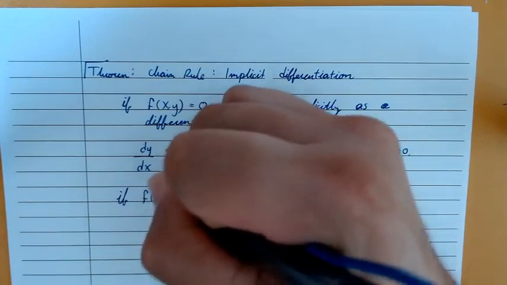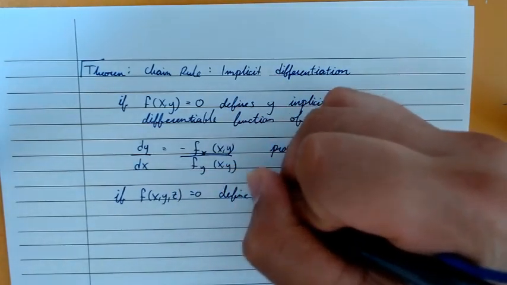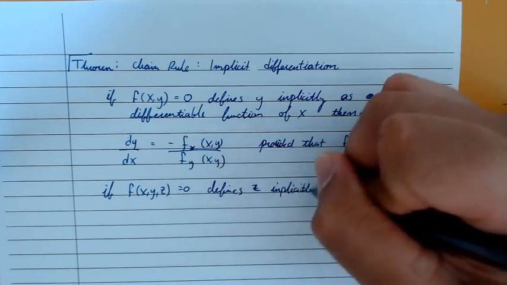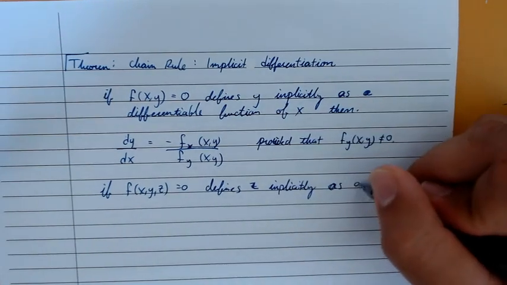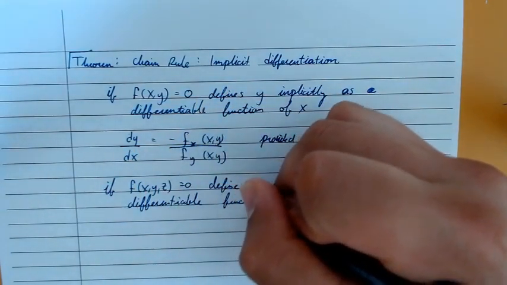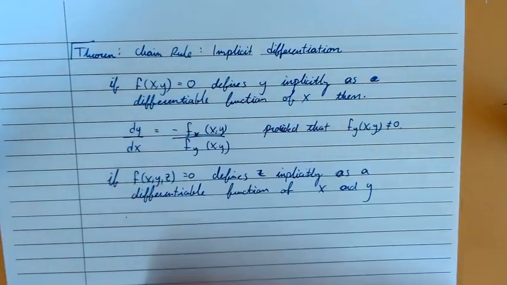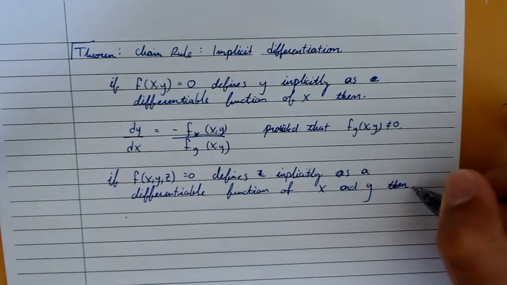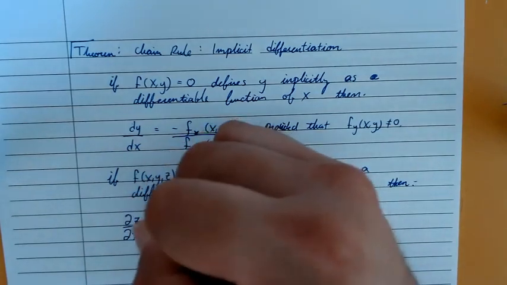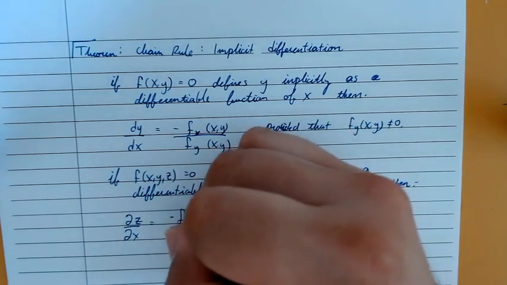If f is a function of 3 variables, if f of x comma y comma z is equal to 0, let's say this defines z implicitly as a differentiable function of both x and y, then the partial of z with respect to x is given by negative the partial of f with respect to x over the partial with respect to z.